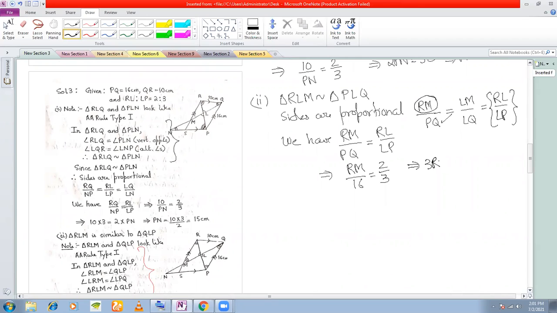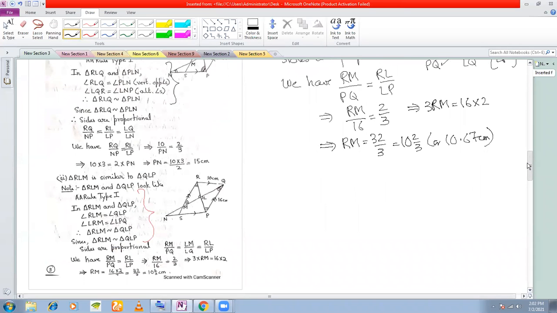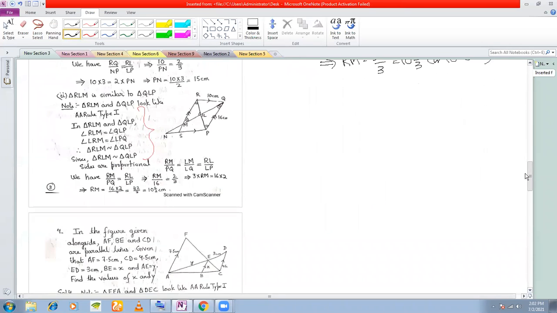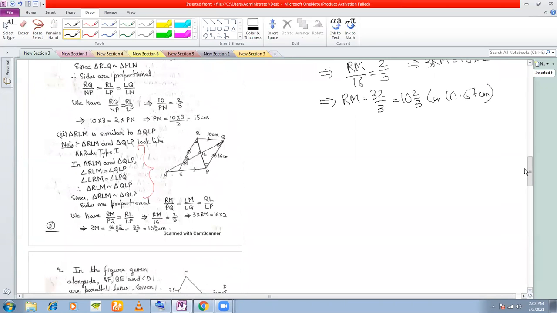Therefore 3 RM is equal to 16 into 2. That means RM must be equal to 32 divided by 3. So this comes to 10 and two-thirds, or 10.67 centimeters. Clear? Any question here?